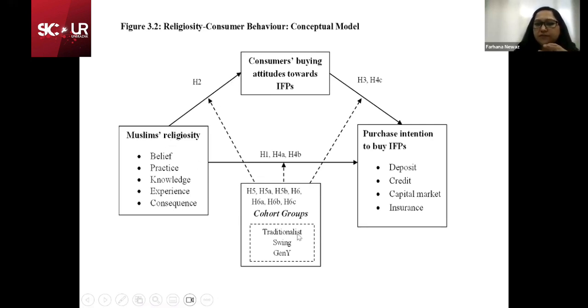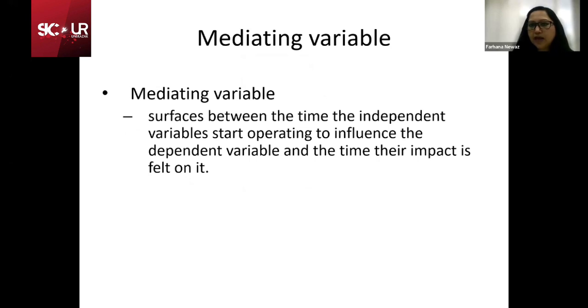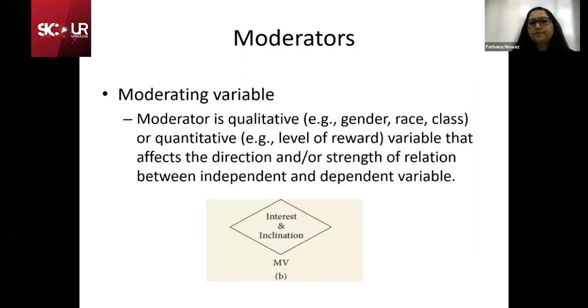Then for GNY, if the result is 0.7, then for GNY the relationship of these two variables is strong. And for swing generation, maybe the relationship is weak. In this way, you can compare the result based on cohort group, or based on gender, or based on age, and so on.